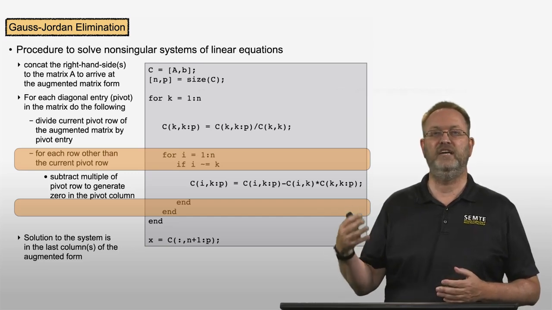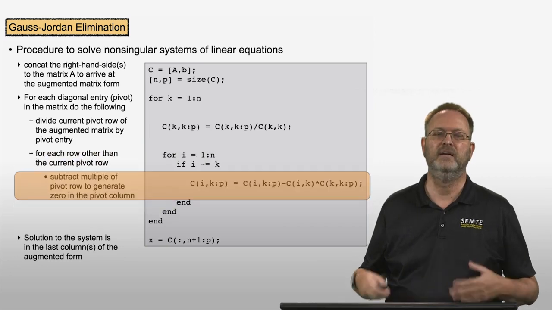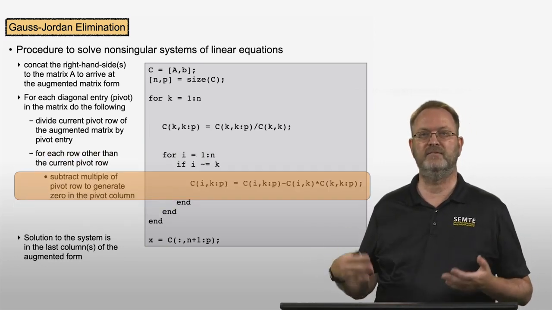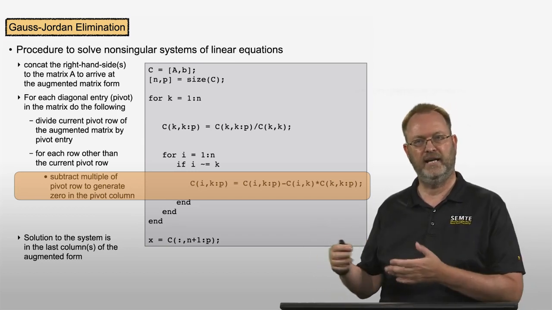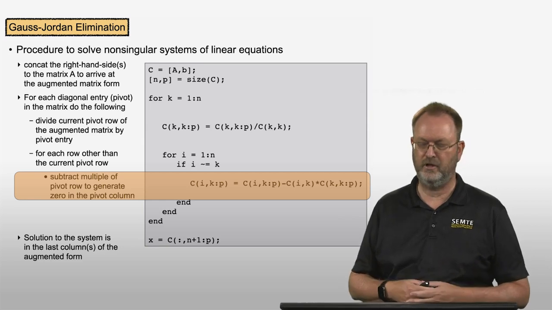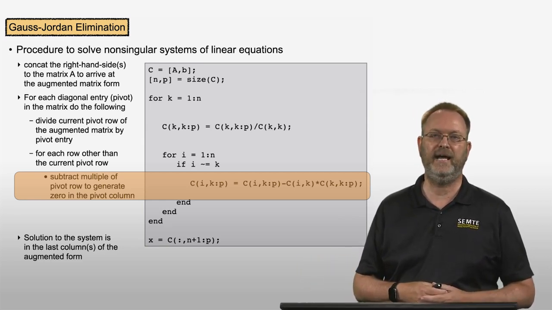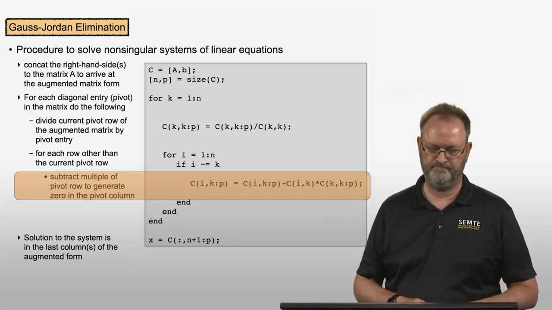And if that i is not equal to our current pivot row k, then we do this. Subtract the multiple of the pivot row, where the multiple is then c at i, comma k, so row i, column k. We subtract that multiple of the pivot row k from my current row i to generate the 0 in the pivot column position.